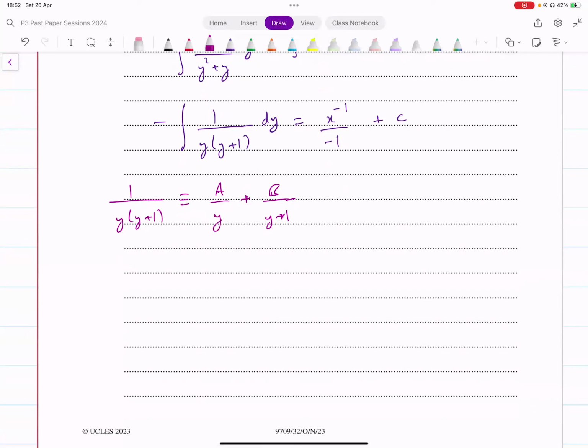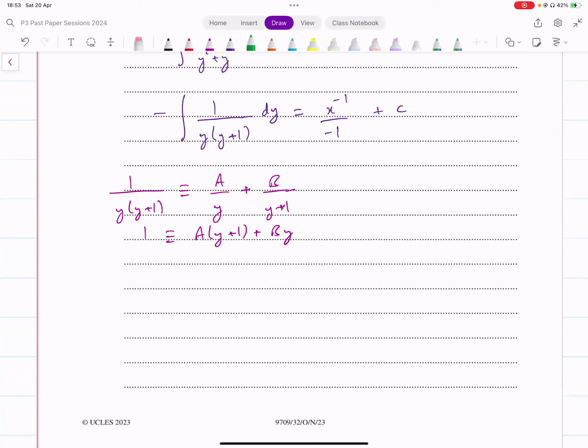Let's multiply the denominator on the left side to the right. And that will give you 1 identical to a into y plus 1 plus b into y. Now put some values of y here. You can input y equals minus 1, and that gives you 1 equal to 0 plus b into minus 1. The value of b turns out to be minus 1.